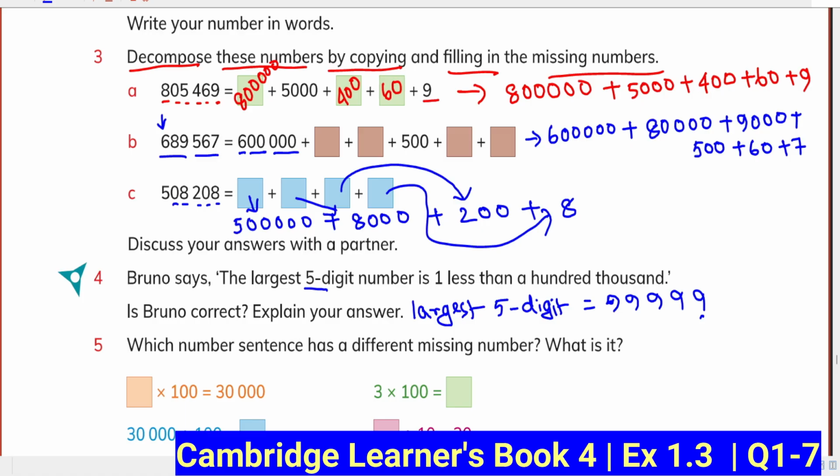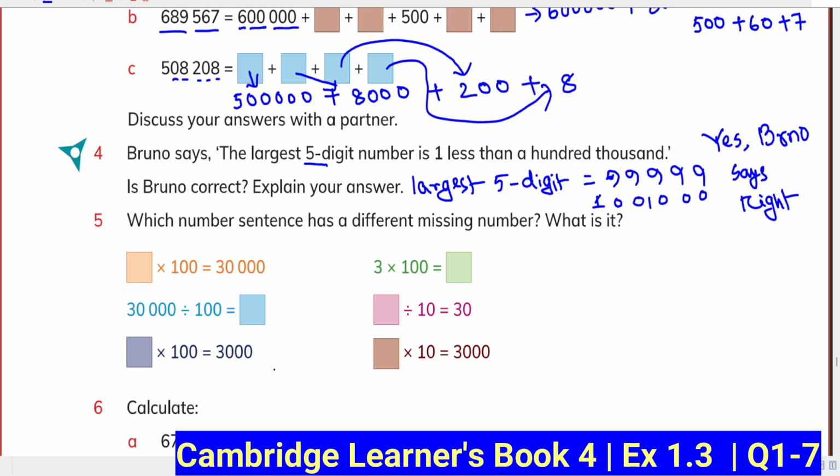It's 1 2 3 4 5, and if you add 1, it's 100,000. Yes, Borno says right. Okay.